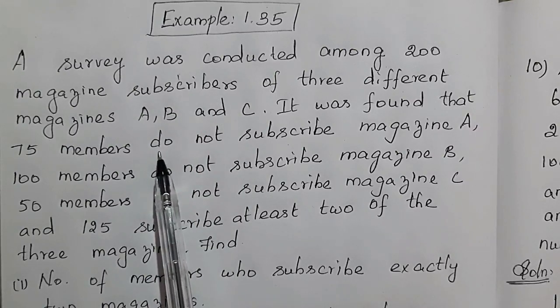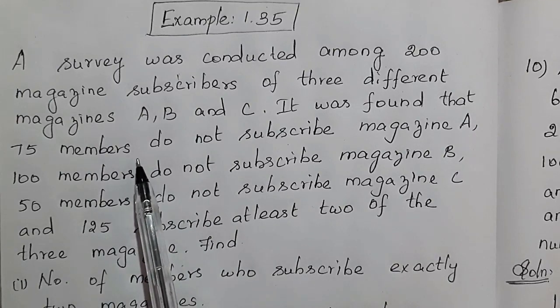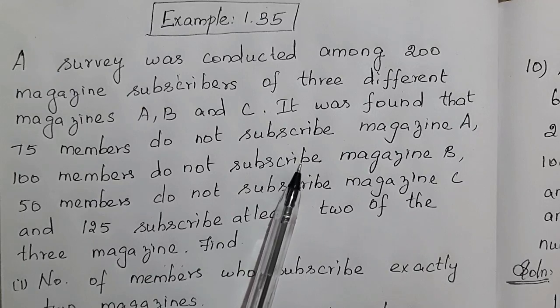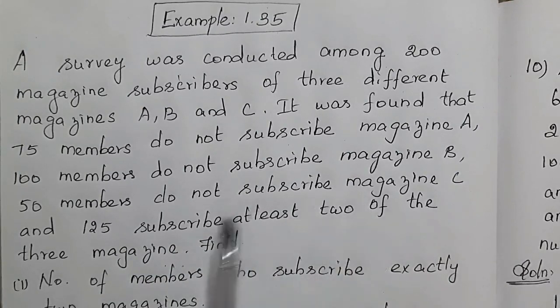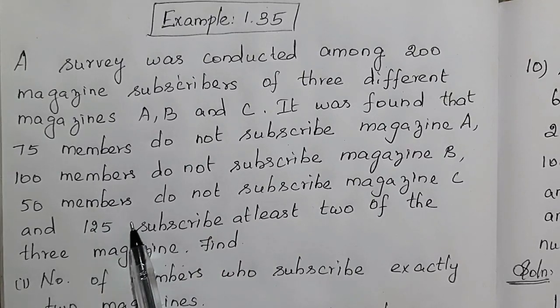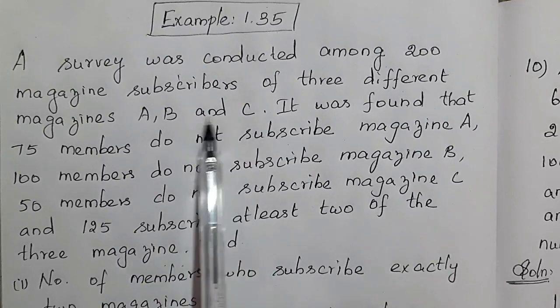This number of subscribers do not subscribe to the magazine, so we will change it later. Now 125 subscribe to at least 2 of the 3 magazines. So 125 subscribers subscribe to any 2 of the 3 magazines A, B, C.